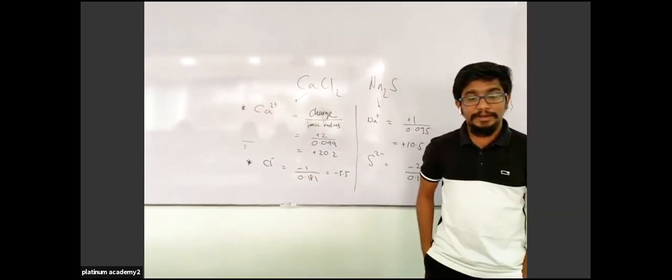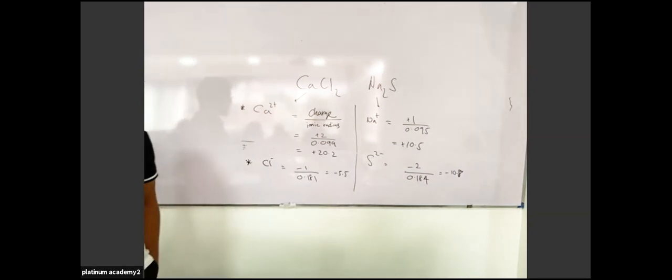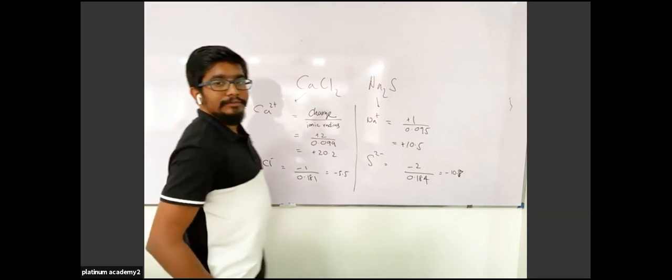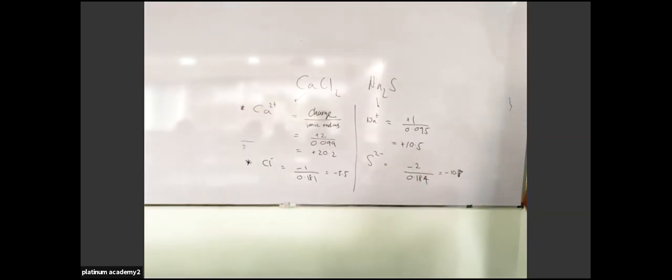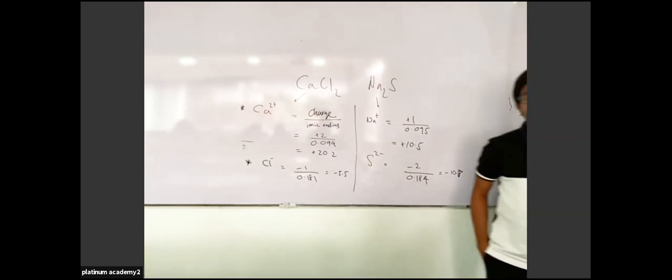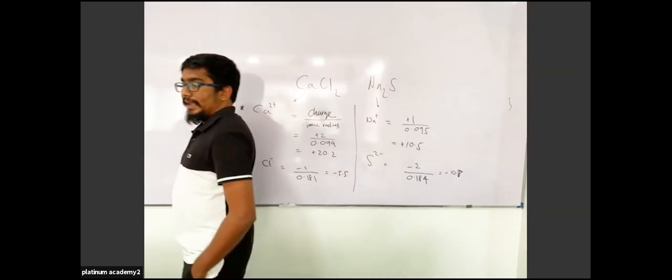Then in another point we can write down the charge density of sulfide ion, S2 minus, is twice the value of Cl minus.